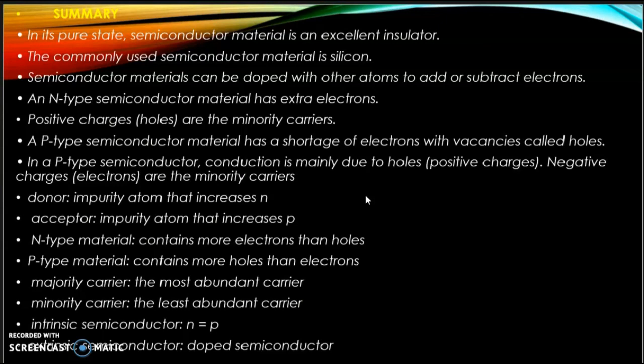So we said whenever we add a donor to the semiconductor, it becomes an n-type extrinsic. Whenever we add an acceptor, it becomes a p-type extrinsic. And for n-type, it has a negative charge, and the electrons are majority carriers.